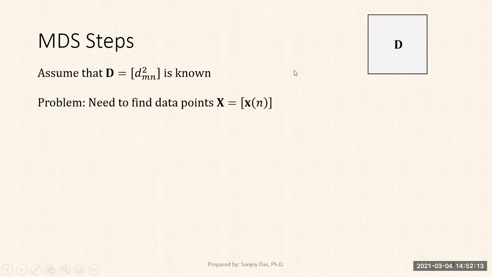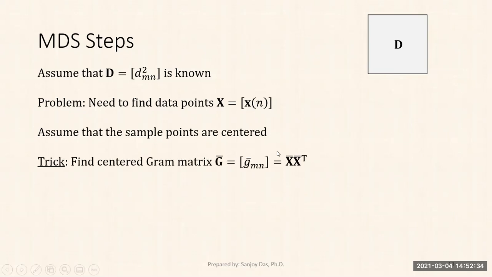So this is the squared distances, this is known, and we need to find the data points X. We'll assume that the sample points are centered, so X equals X bar, and we have to find the data points.